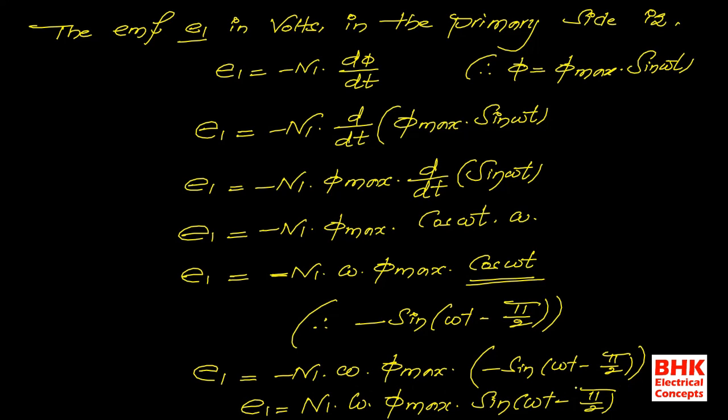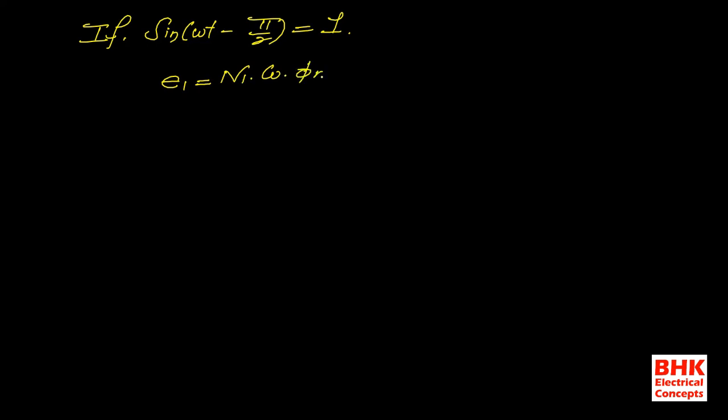This is the expression of E1. Now if the value of sine omega t minus pi by 2 is equal to 1, then that condition represents the maximum EMF produced in the system. So if sine omega t minus pi by 2 is equal to 1, then we get E1 is equal to N1 into omega into phi max.